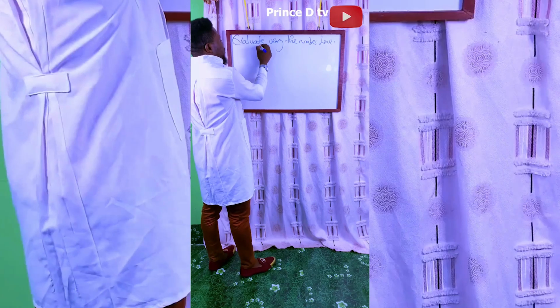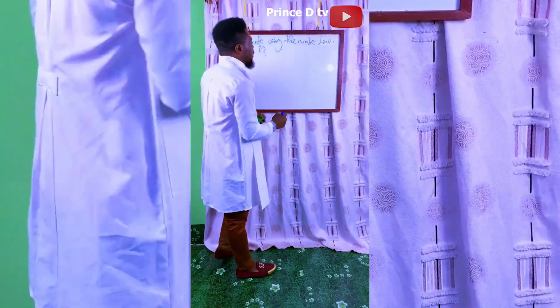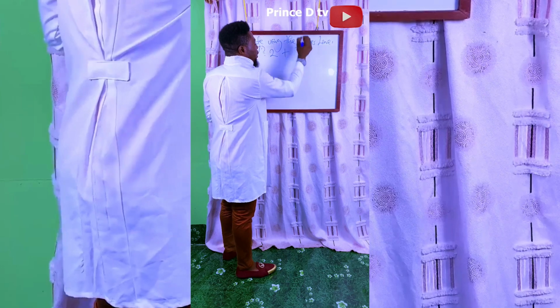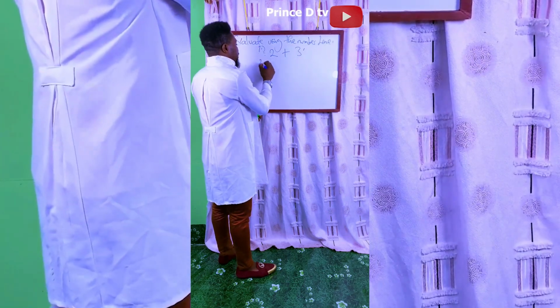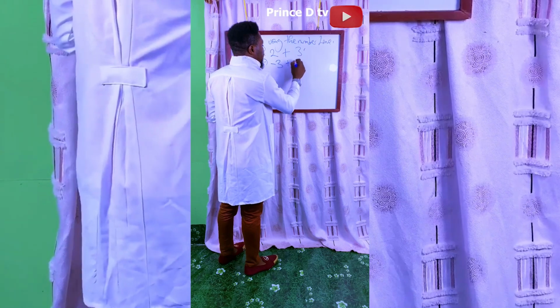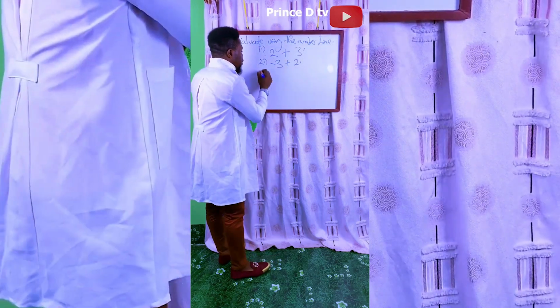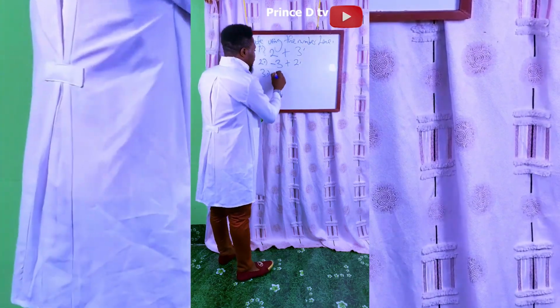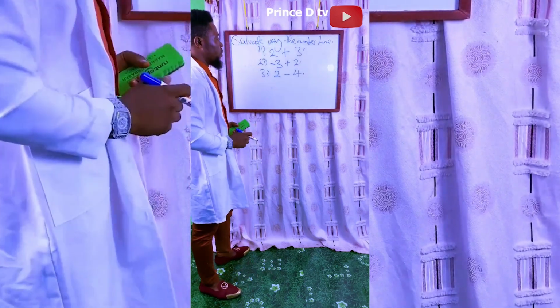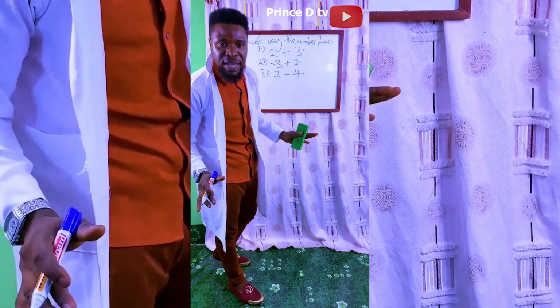For example, we have 1, 2 plus 3, 2, 2 minus 3 plus 2, and of course we have 3, 2 minus 4. So we have 3 examples there.